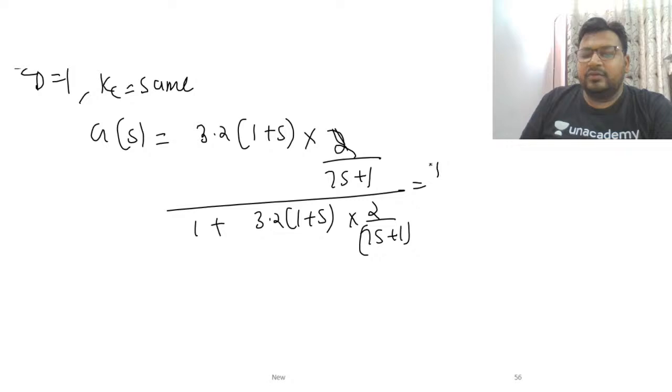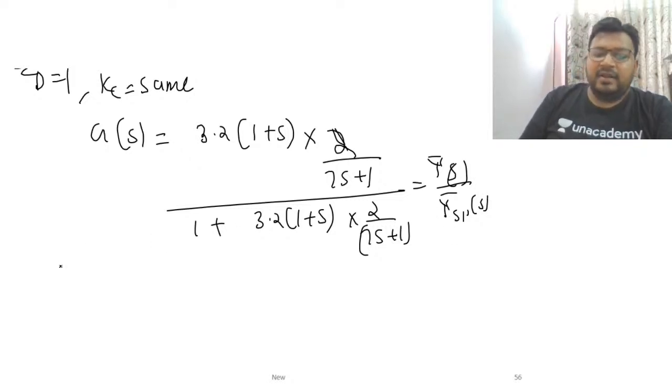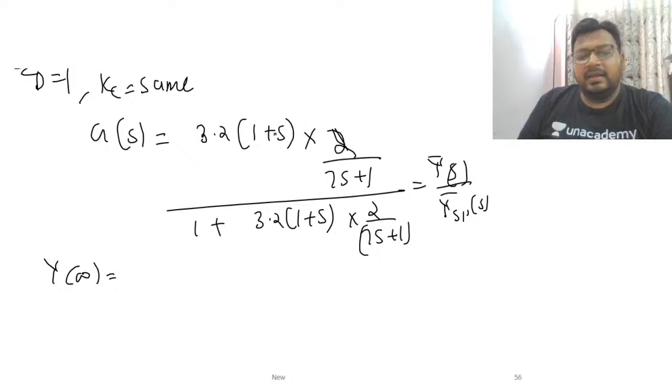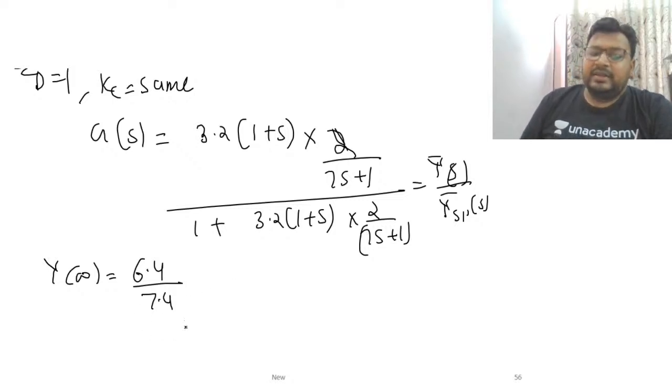So again that is equal to y bar s divided by ysp s. And if you take the unit step change and apply the final value theorem, the value of y bar infinity comes out to be, again you just put s as 0 and what you get? It's 6.4 divided by 7.4. You get the same, guys. There is no change, and that means offset remains the same.